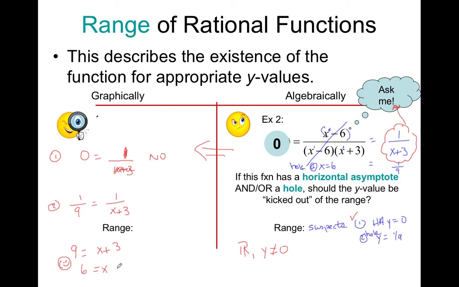Remember, I know that the y value at the hole, but I wonder if this function is not 1-to-1, in other words, and so there's another y. But what is the only x I got? That's the x coordinate of the hole. So that was kicked out of the domain.